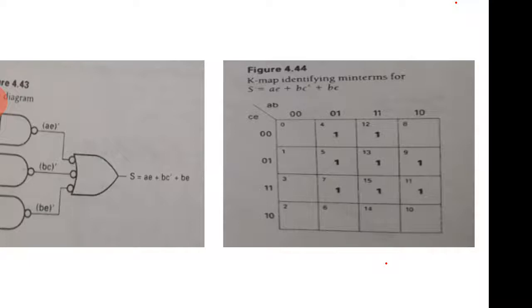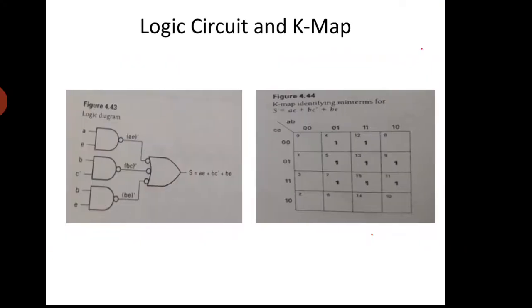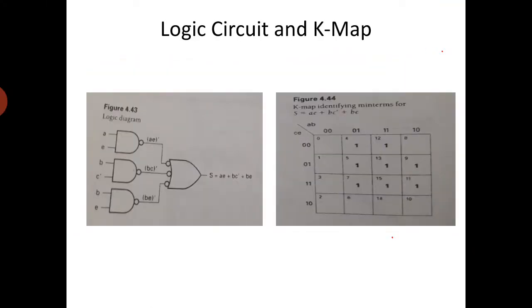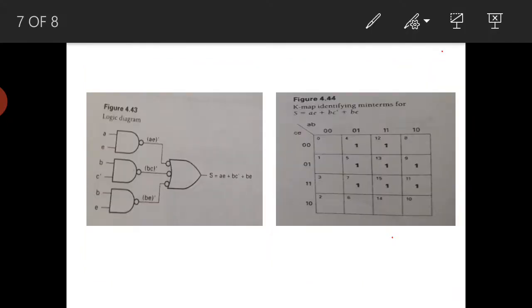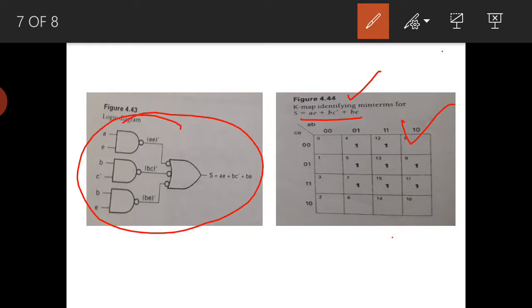These are the minterms with respect to this Boolean function after simplification. How many minterms will it generate? By putting the values, we get the minterms like this. So this is directly the realization using basic gates.